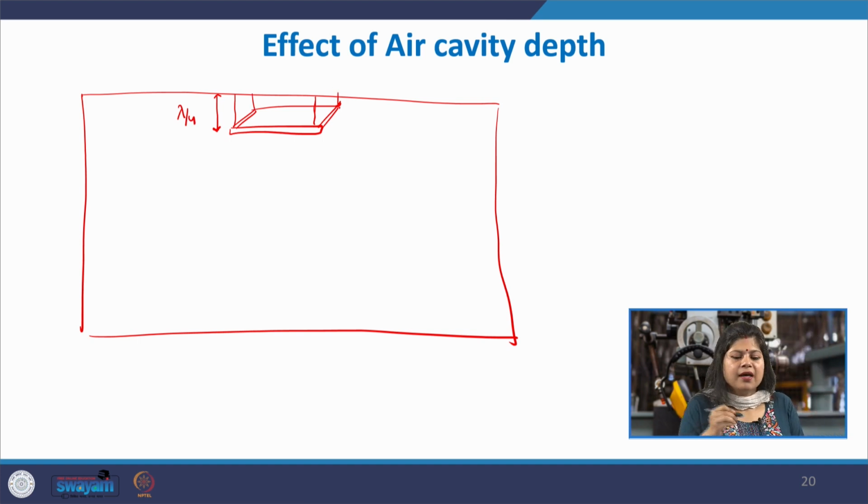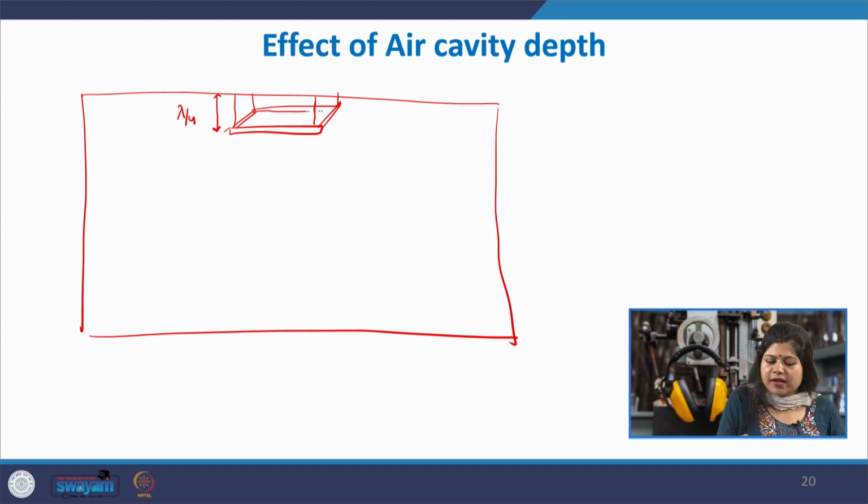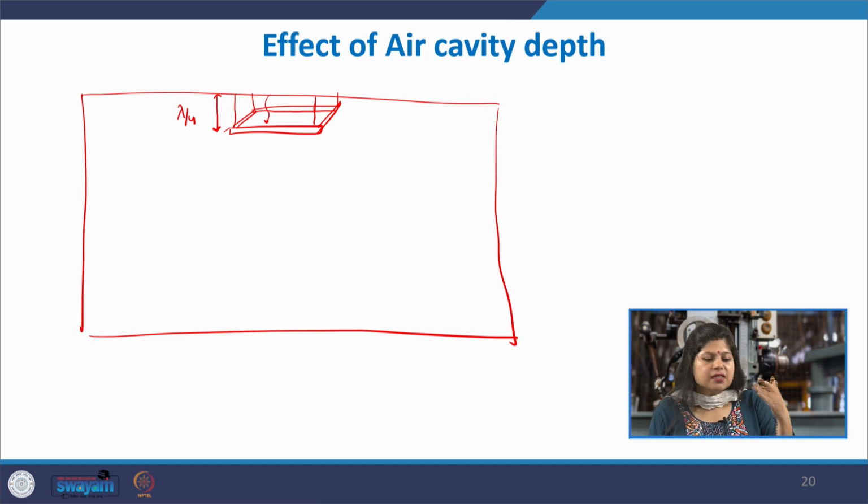Then we know that the particle velocity reaches a maximum at lambda by 4. So, if the panels are kept at a distance of lambda by 4 from the rigid wall of the room, then whatever waves are generated in the room hit the panel with the maximum velocity. So, basically the sound waves will be incident on the panel at the highest velocity, due to which the losses will be higher.